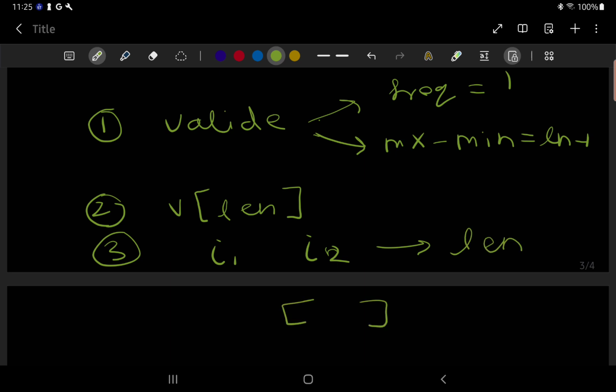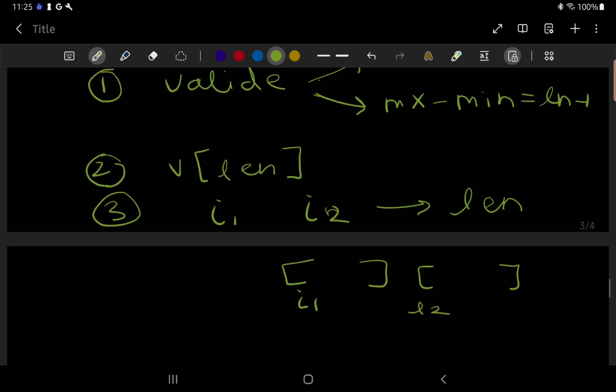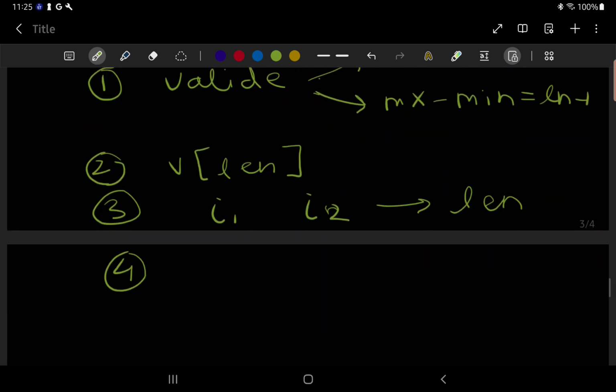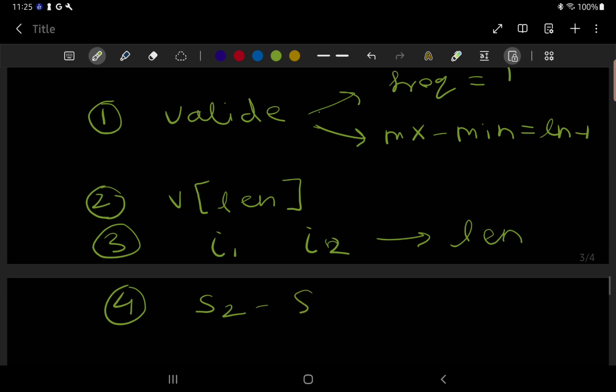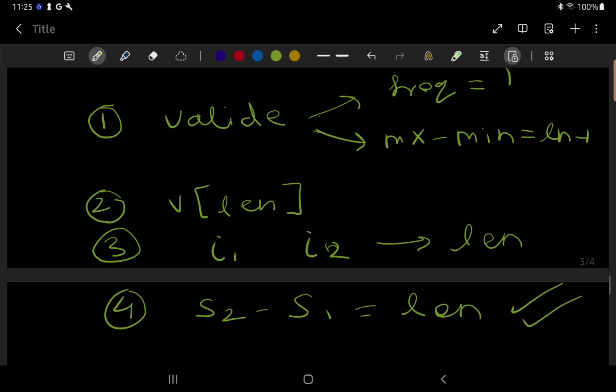If this is I1 and this is I2, obviously I2 minus I1 will always be greater than or equal to length. But if it was something like this, it would obviously not make sense. It should be at least n, right? So this was a point I forgot to add, but it's understandable, right? And the next part was to check that s2 minus s1 is equal to length or not. And here we go. That's our solution to the problem.